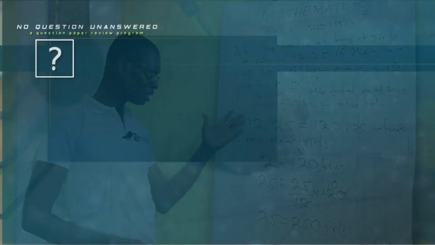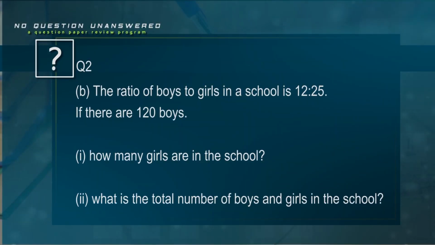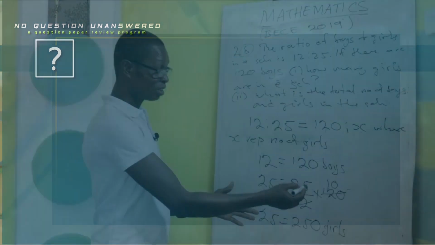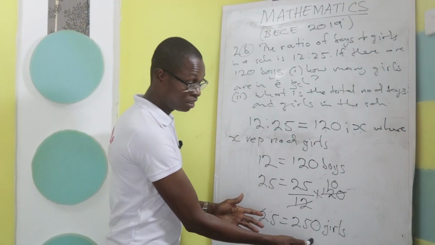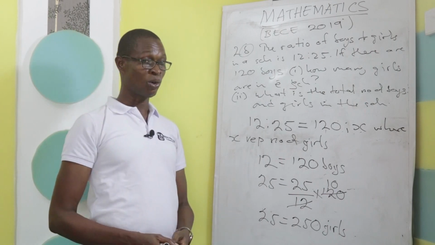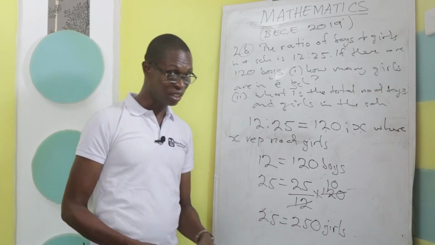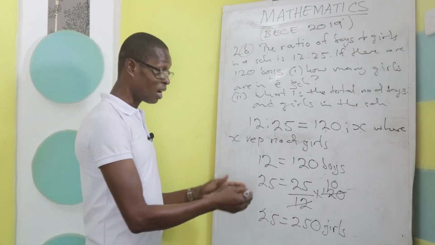The next question says, what is the total number of boys and girls? And of course, you can quickly see it. If there are 120 boys and there are 250 girls, of course, you add the two.